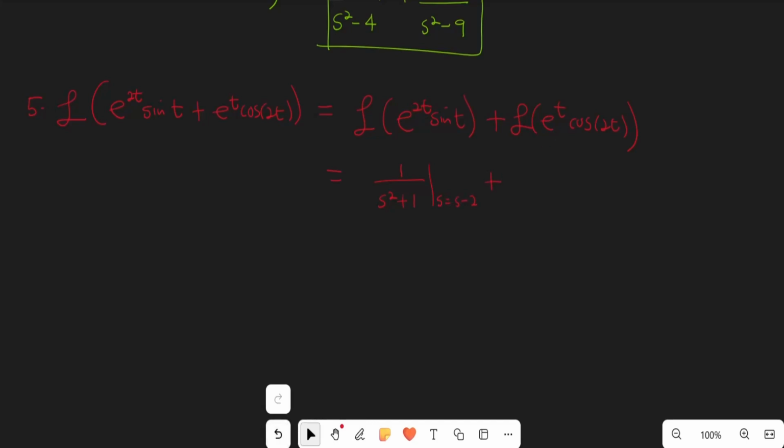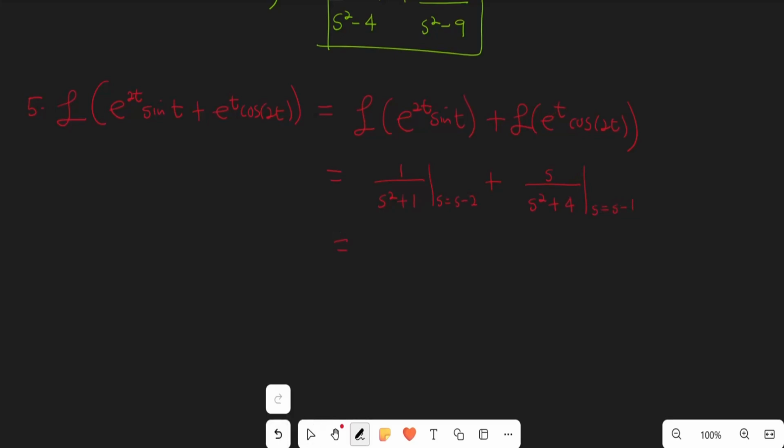Plus the Laplace transform of the cosine of 2t, and that is s divided by s squared plus a squared. A here is 2, so 2 squared is going to be 4. And we are going to evaluate this one at s equal to s minus 1. B here is equal to 1, that is 1t.